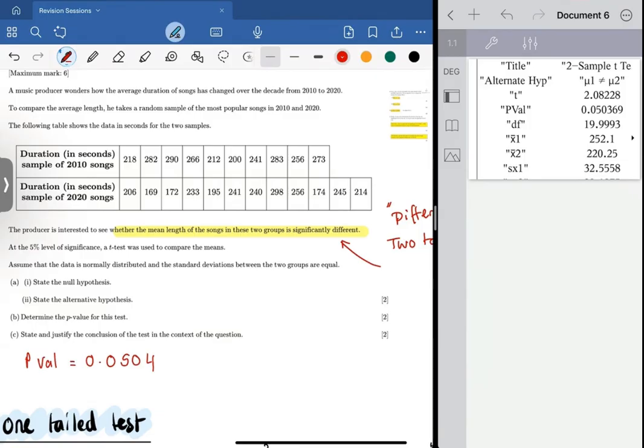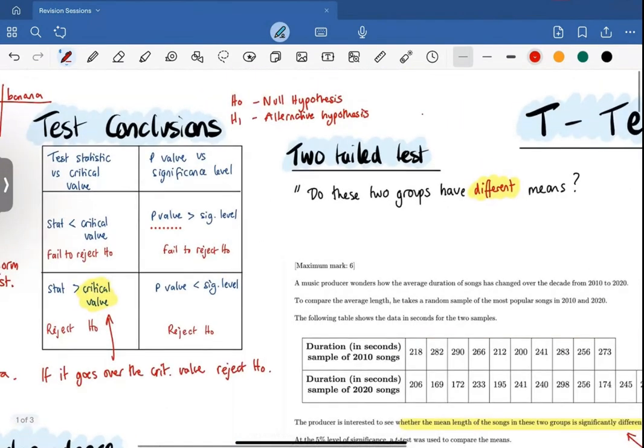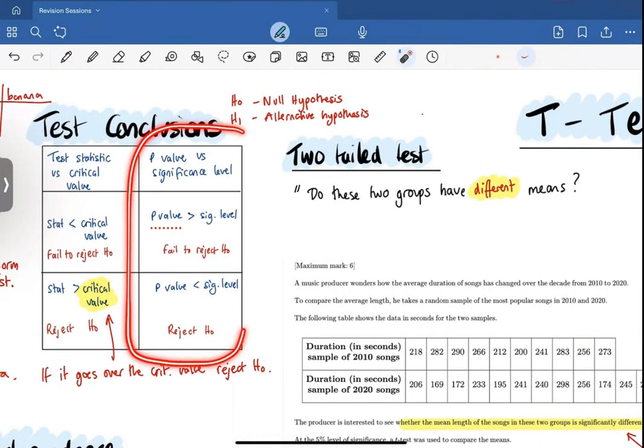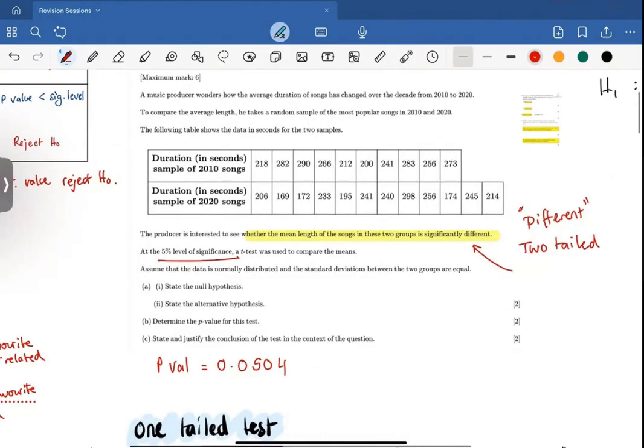And then I need to state and justify the conclusion of my test. So because we only have the p-value here, we're going to have to use our conclusion with the significance level. So let's compare it. We are doing this at a 5% level of significance. So 0.0504.